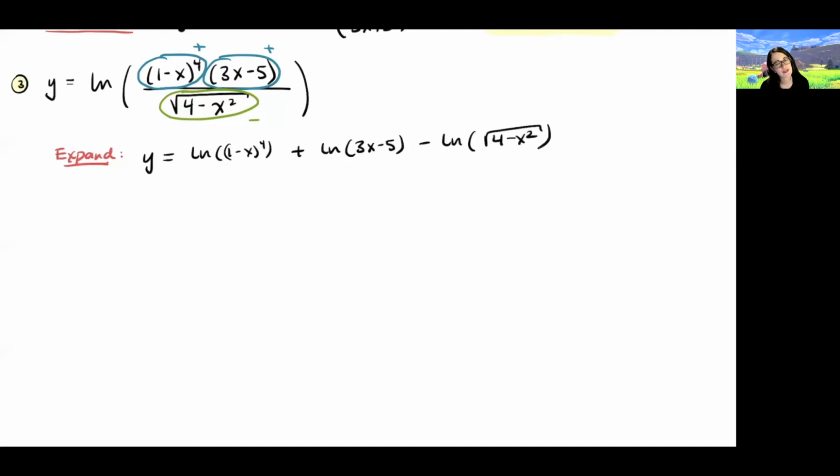And remember, once you do this, the next thing you always want to do is look and see if there's powers that you can bring down in the front. So this could be 4 natural log of 1 minus x. No powers on the second natural log. But here we can bring down a 1/2 because the radical of the square root is the same as 1/2 power.